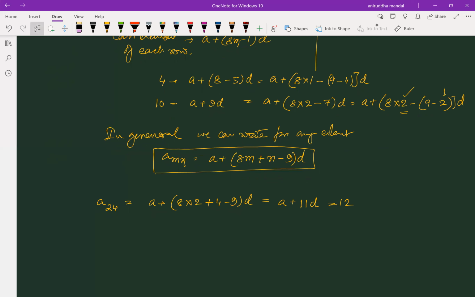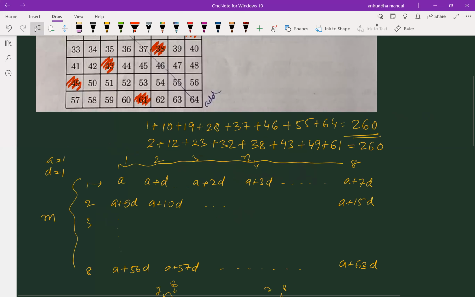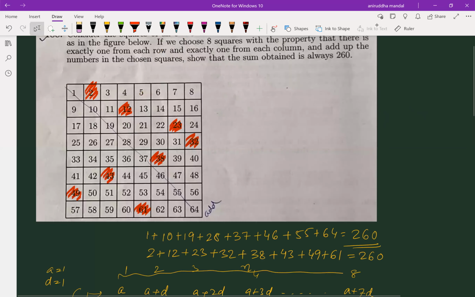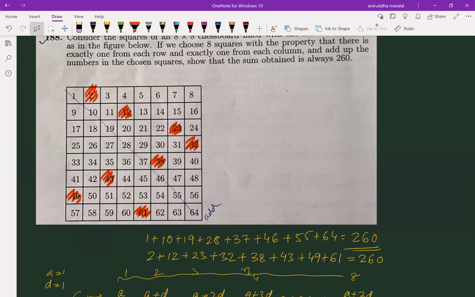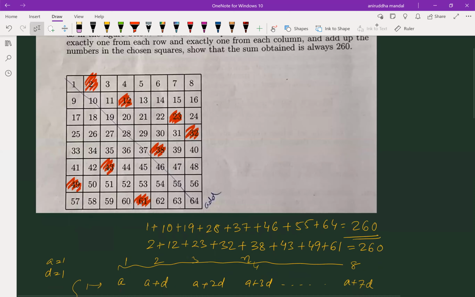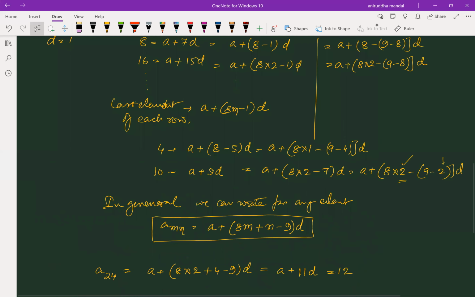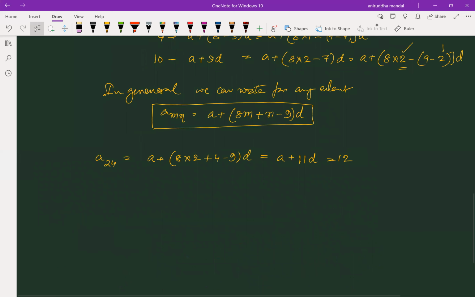Now what we can do is, we have to take elements from each row and each column. Okay. So let's say I am writing a few examples. Let's suppose I take first one.